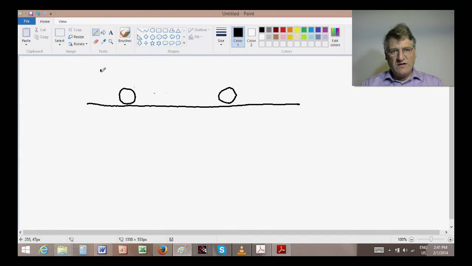The cart is moving with the help of a motor, and the motor is located here, and it's an electric motor.